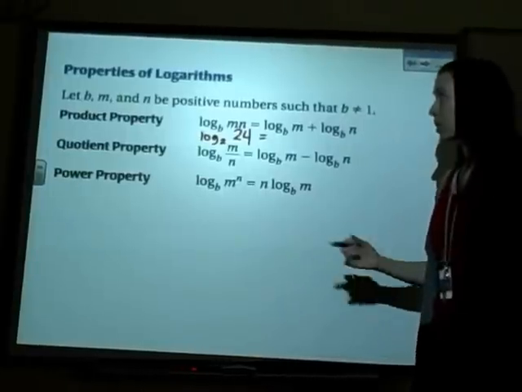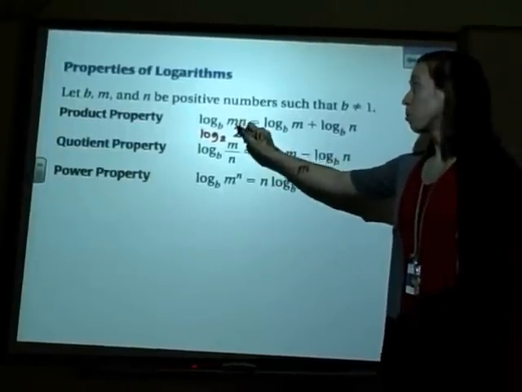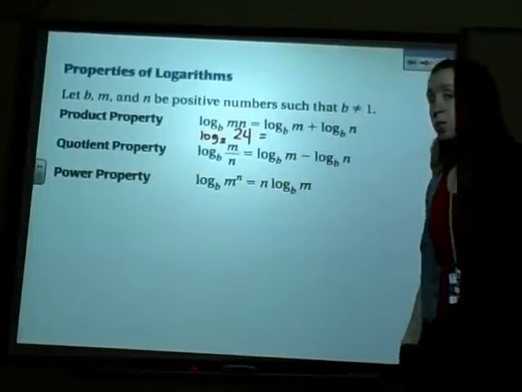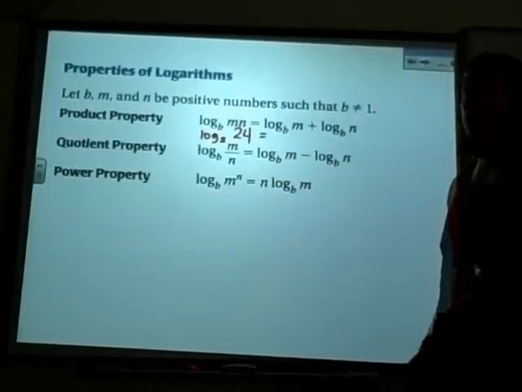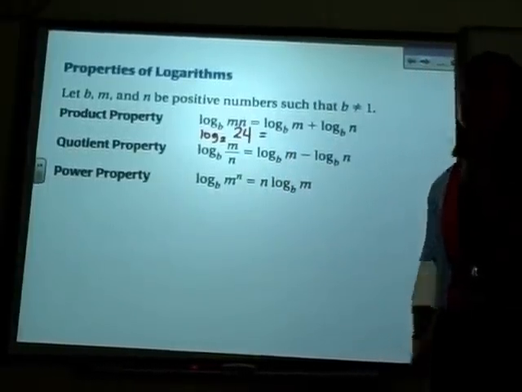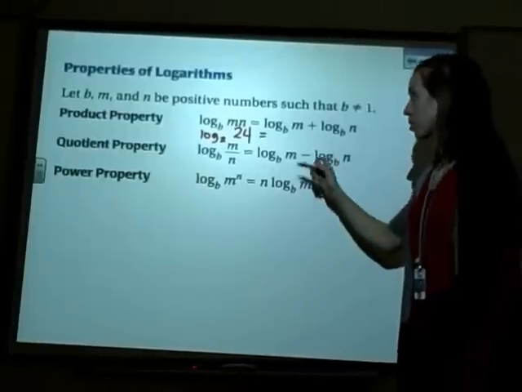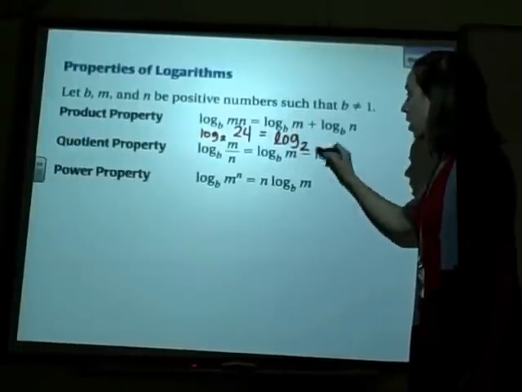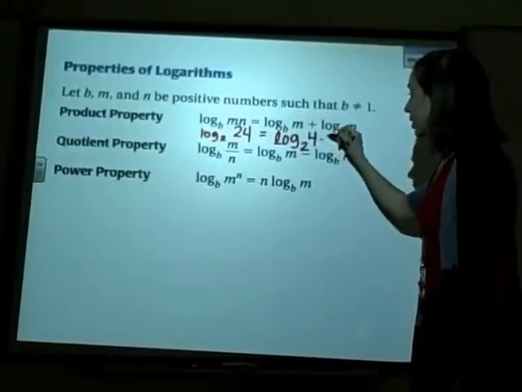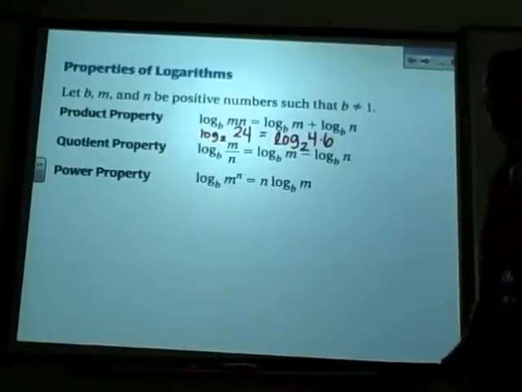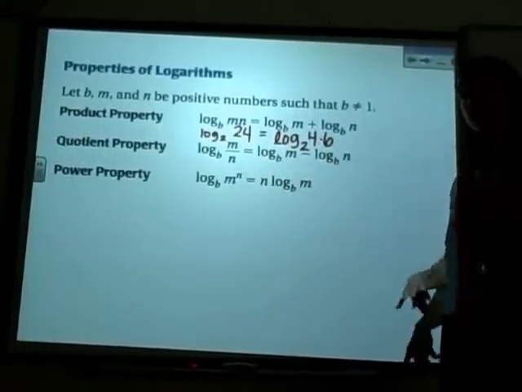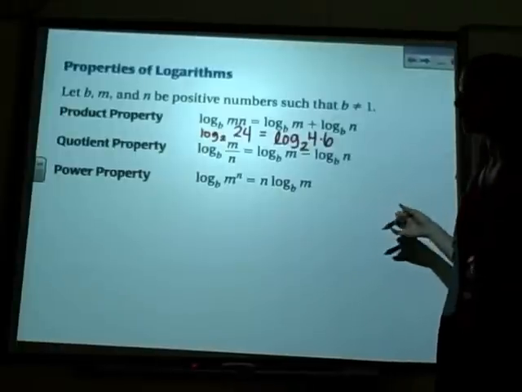We can think to ourselves, what two numbers could multiply, because look here, we have m times n, what two numbers will multiply to be 24? And there's two different options here. We're just throwing an example out there. So we're going to say log base 2 of, let's pick 4 times 6. We rewrote 24 into 4 times 6, and in a later slide you'll see why we do that.